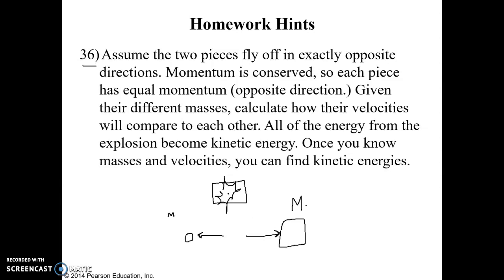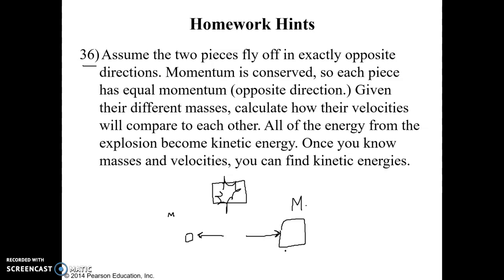The thing is that initially, when the object was at rest, it had no momentum because it had no velocity. And due to the conservation of momentum, when these two things fly off in opposite directions, they're going to have equal and opposite momentum that's going to cancel each other out, because we can't just create momentum out of nowhere. If there was none to begin with, there is none when we sum them together, so they're going to cancel each other out.